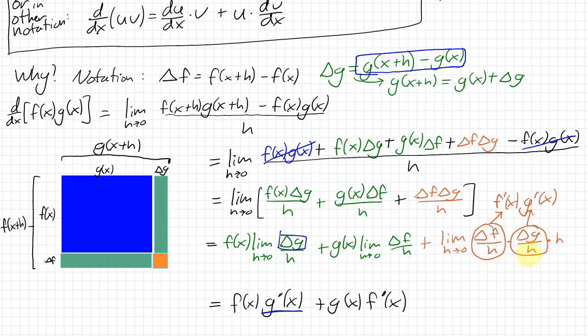And why did I include this extra h? Well, I wanted to have these two derivatives, so I know what will happen to those, and then the h is going to approach 0. So in other words, this whole thing will get closer and closer to 0.